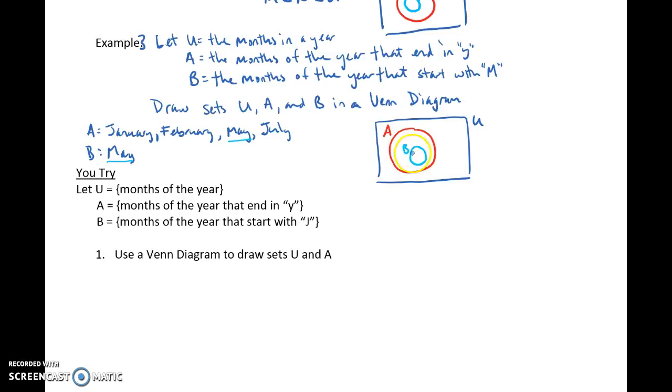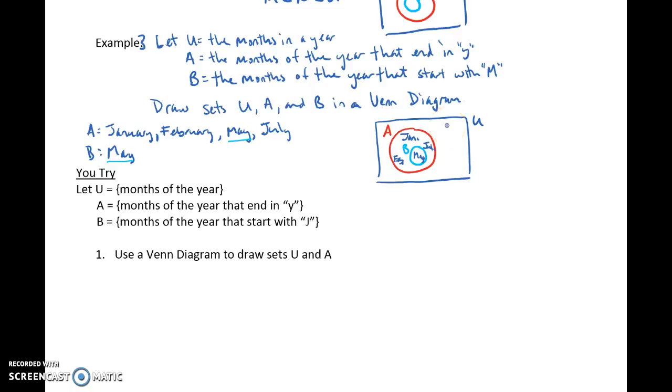I'm going to go ahead and put May in that nested subset. Then the other 3 months, January, February, and July, just hang out in A but not within B. And then the rest of the months are going to be outside in the universal set because that still contains all 12 months.